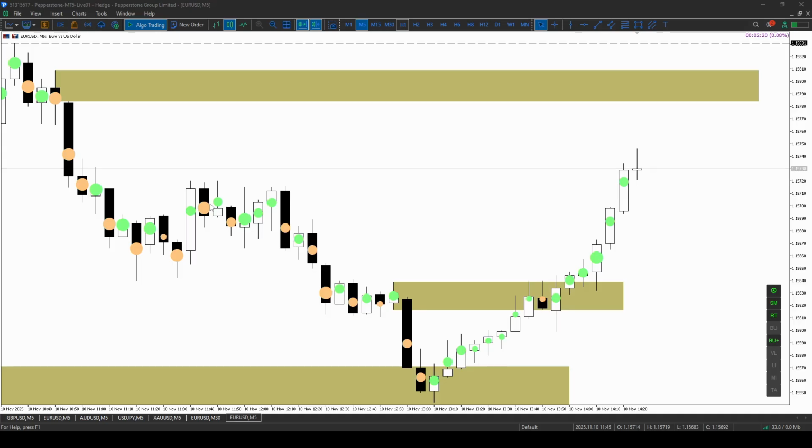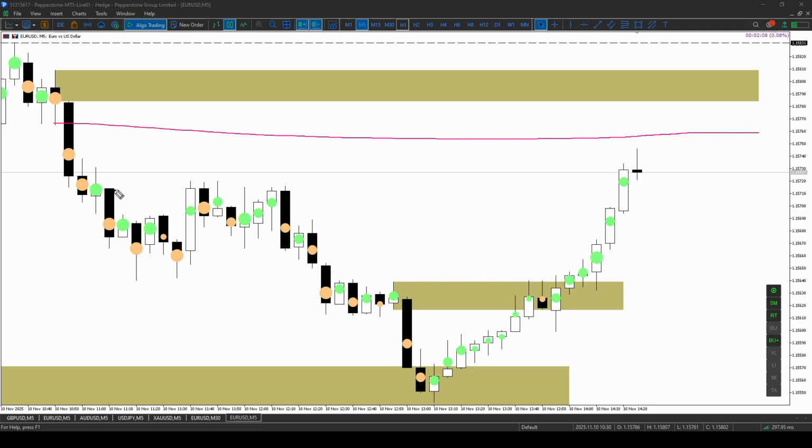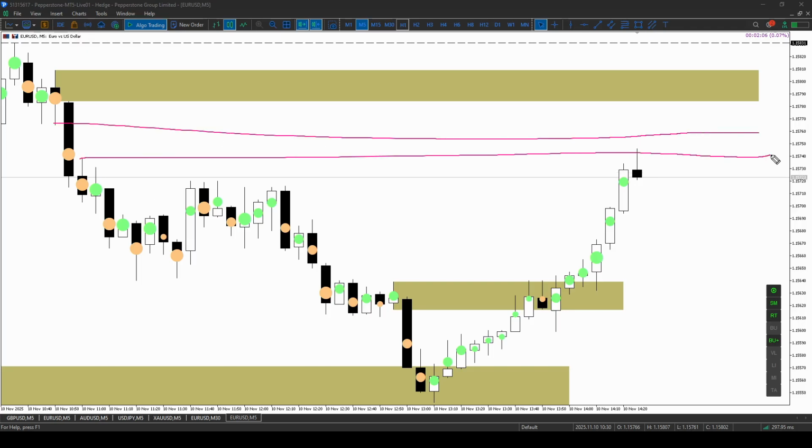Okay, so let's try to read the retail mindset. People who try to sell are mostly waiting in here, because there's the fair value gap, right? I'm a bad drawer, a bad artist, I can say.